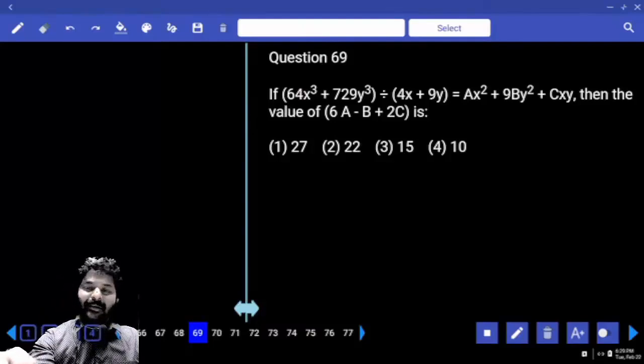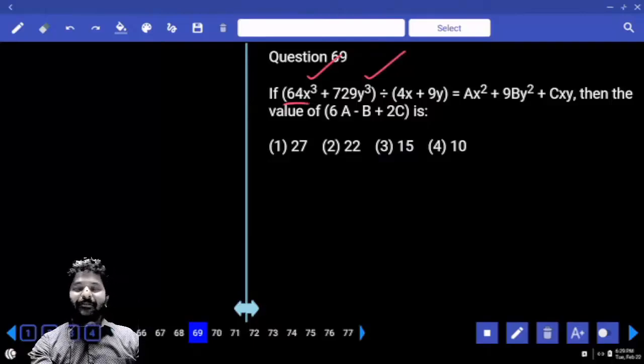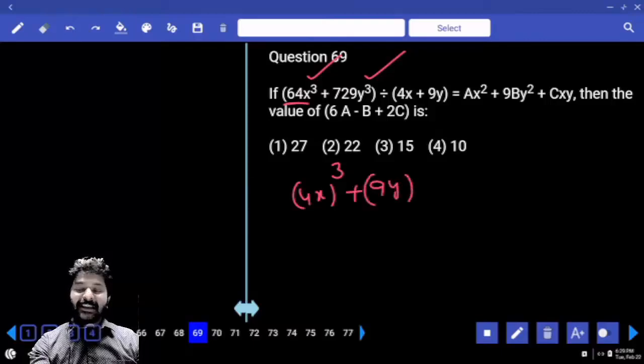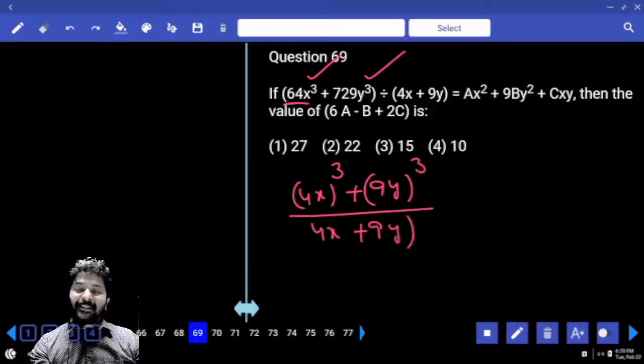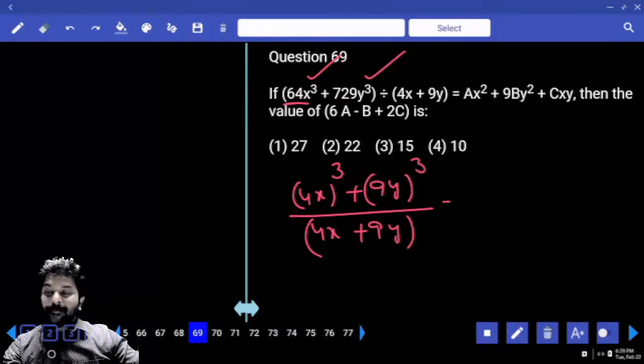X cube, y cube, it is clearly visible. 64, which cube is that? So that is 4x whole cube, we can rewrite it like this. Plus 729, which cube is that? So that can be rewritten as 9y whole cube, divided by 4x plus 9y. Right? x cube plus y cube, the a cube plus b cube formula.